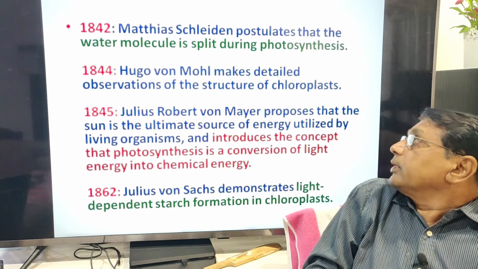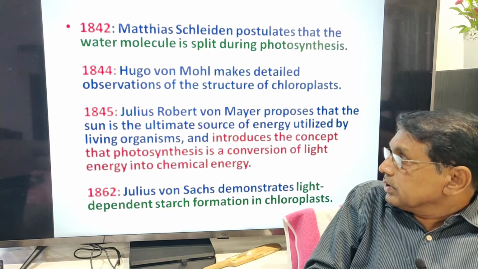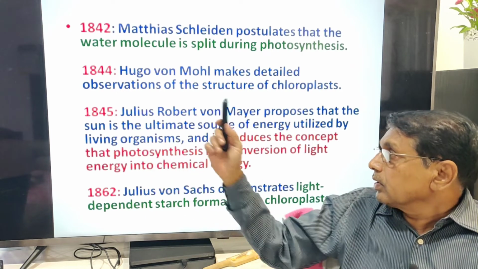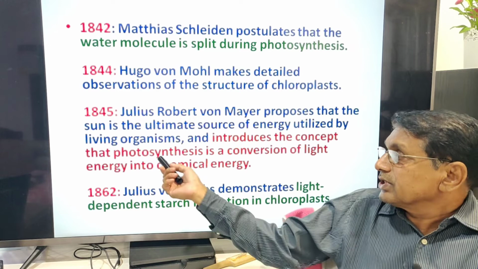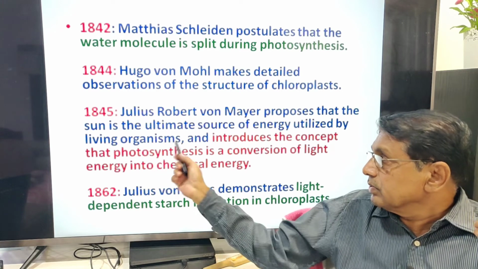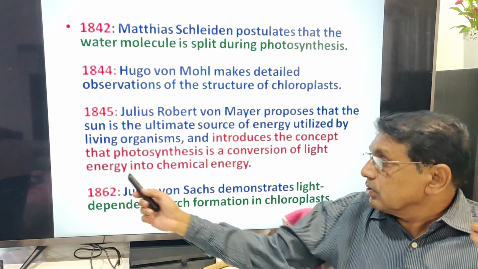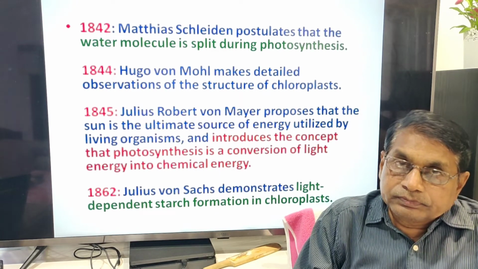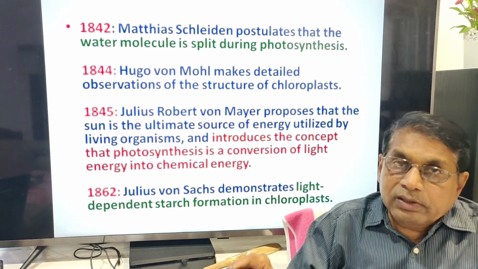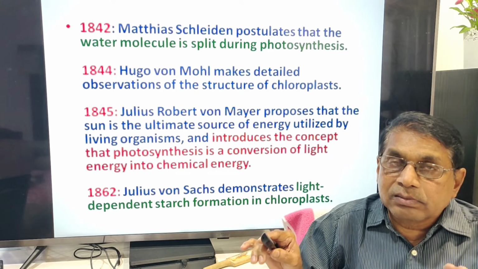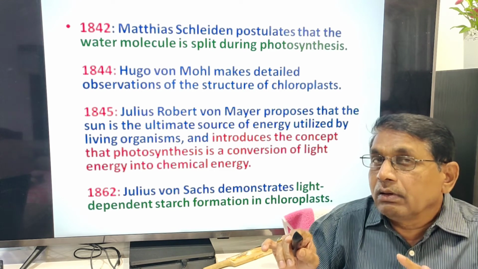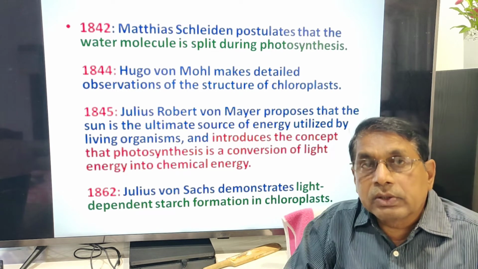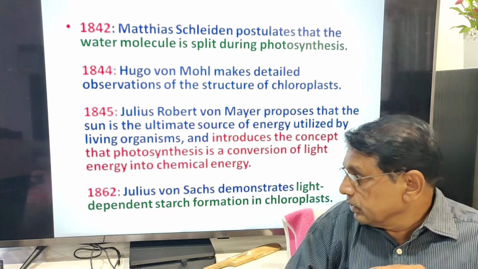Robert von Mayer proposes that the sun is the ultimate source of energy utilized by living organisms and introduced the concept of photosynthesis as a conversion of light energy to chemical energy. Not simply carbohydrate or superficially saying, but what is happening? The energy present in the sunlight is absorbed and converted to chemical energy.